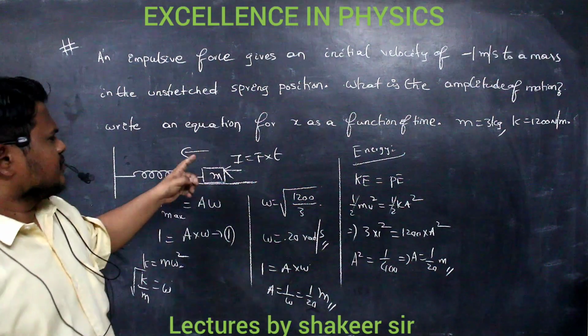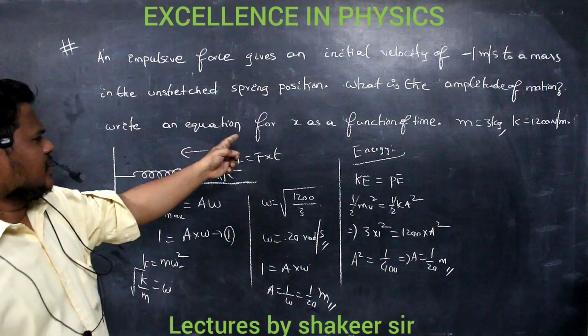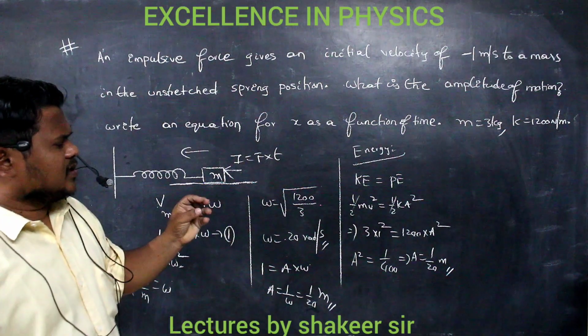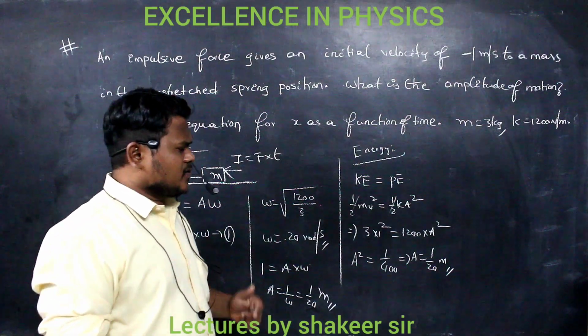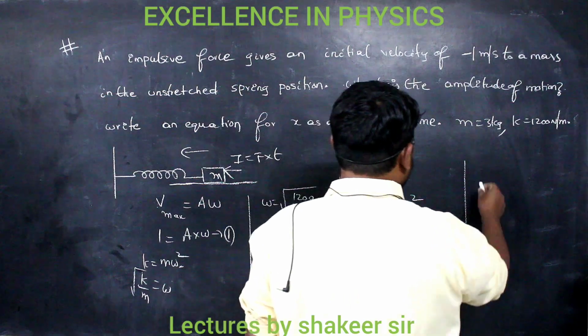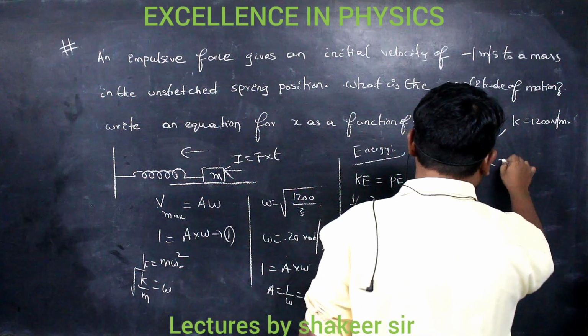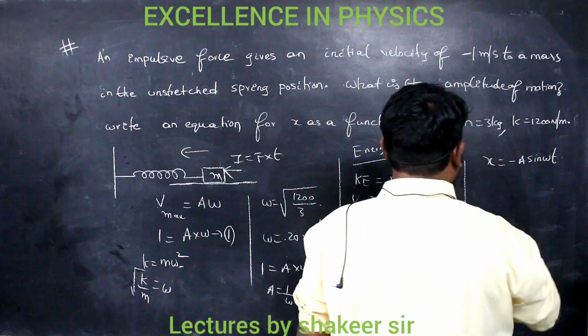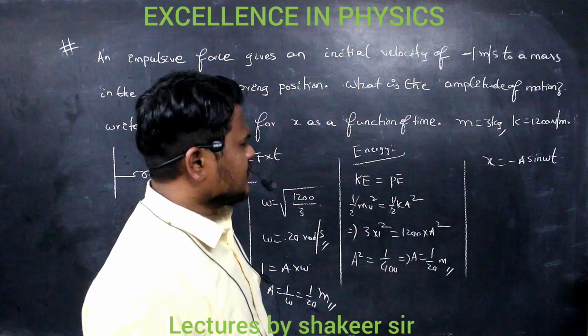Then he is asking one more question: write an equation for x as a function of time. It means he is asking us to find the displacement equation. So how can I find the displacement equation? It is very simple. x is equal to minus A sine omega t. Why have I written minus A sine omega t?